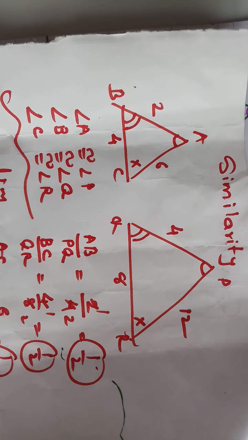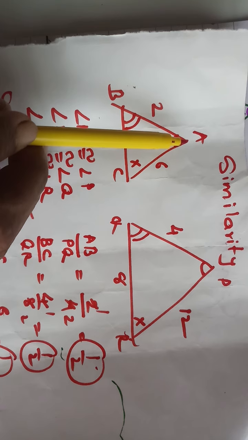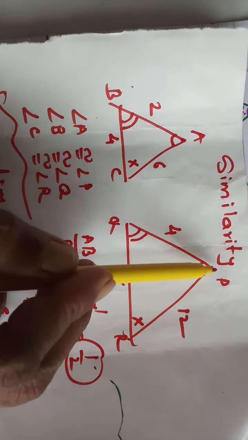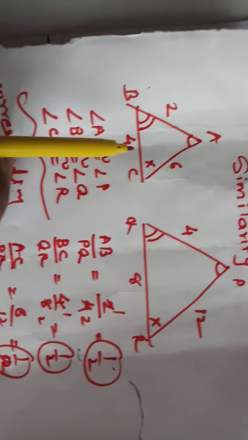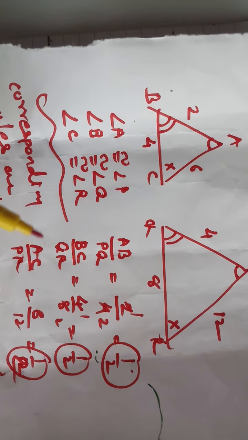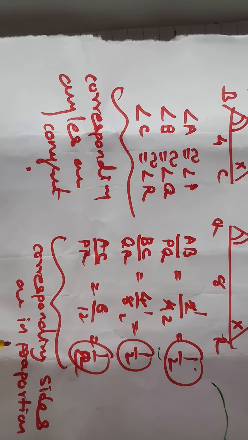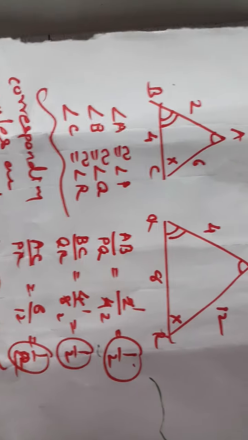But for that we need a given 1-to-1 correspondence between the vertices of two triangles, means corresponding vertex of A in triangle ABC is P in triangle PQR, means these two vertices should be corresponding. So by 1-to-1 correspondence, if the corresponding angles are congruent and corresponding sides are in proportion, then we can say that the two triangles are similar triangles.